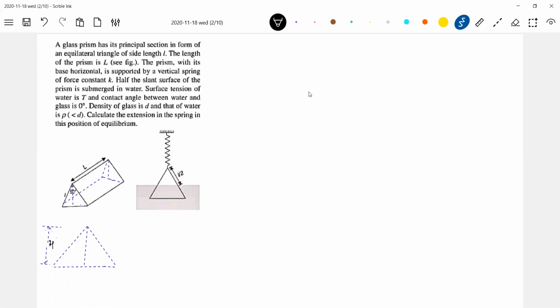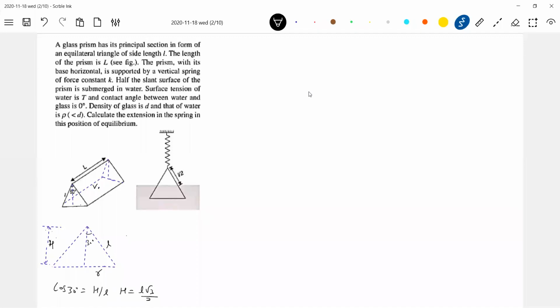Let me take it like this. So the slant length is L. So this will be 30 degrees. Let me take this as R. So cos 30 is equal to H by L. So H is equal to L root 3 by 2. Then what is the volume of the prism?